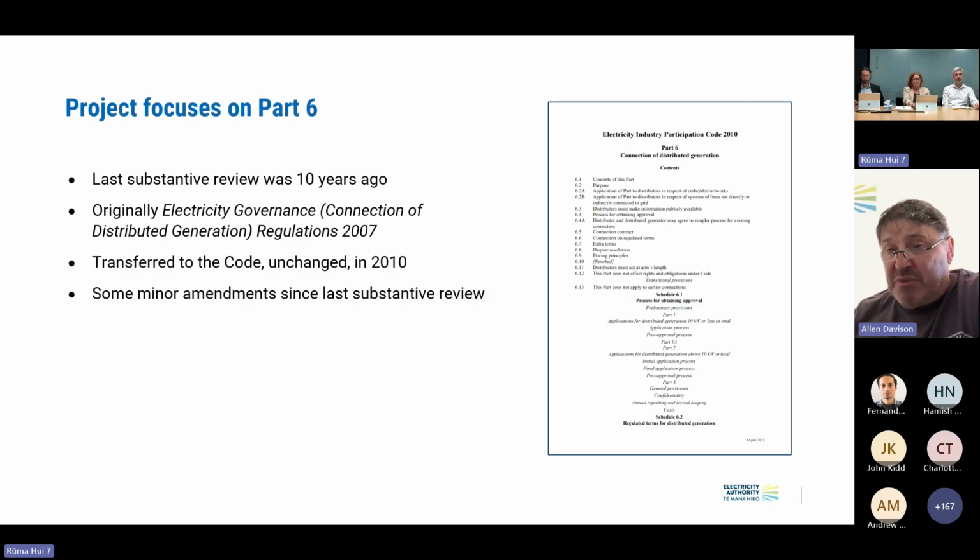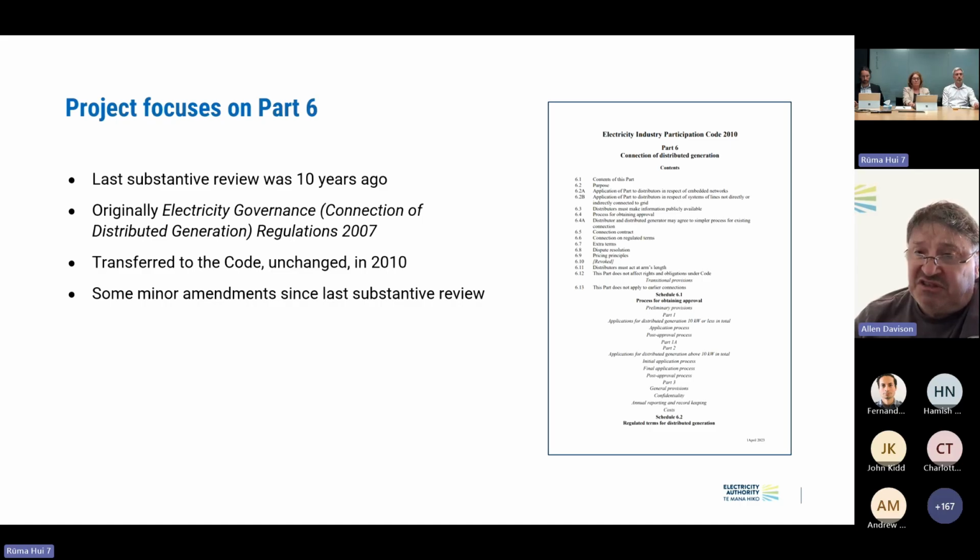So it's very much about Part 6, this work. Part 6 hasn't seen a lot of love. It's not really changed since 2007, not in any massive way. If we think of what the world's like today, 60,000 solar connections, solar farms, all that sort of stuff, wind, it's a very different world.